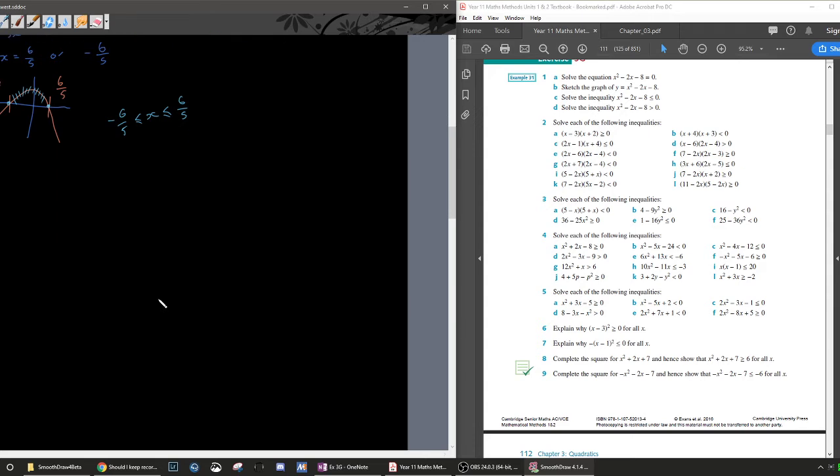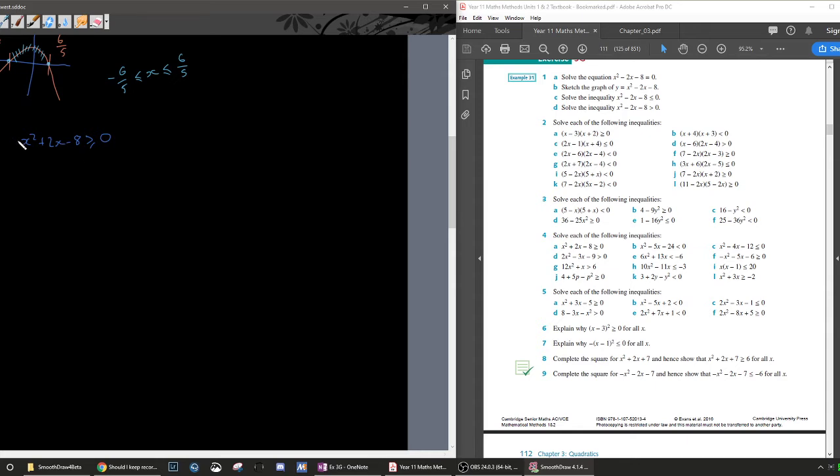Let's move on to question 4. Okay. So question 4, we will have a go at, let's do 4a. Start with the first one. Okay. So solve each of the following inequalities. x squared plus 2x minus 8 greater than 0. Okay, so we need to factorize.